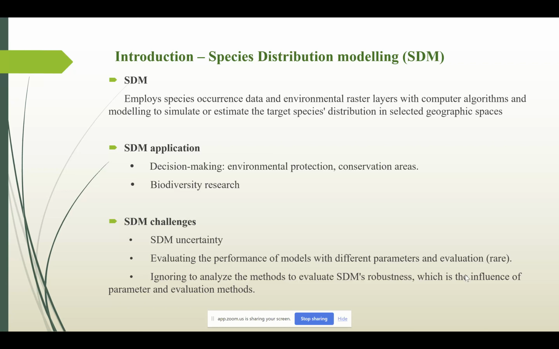Also, evaluating the performance of SDM with different parameters is very rare. Normally people ignore analyzing the methods used to evaluate SDM robustness, which are influenced by parameters and evaluation methods.